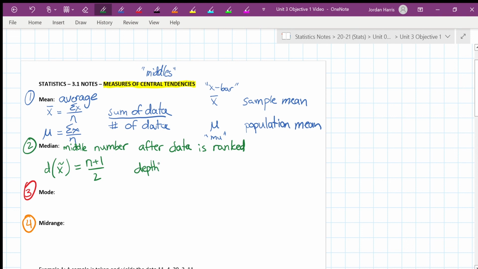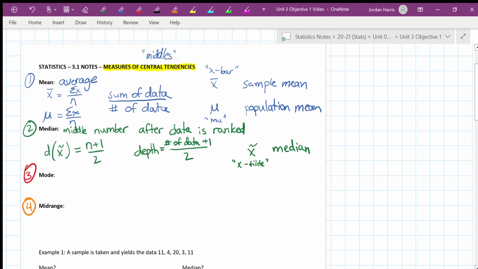Depth equals number of data points, it's the n, notice it's the same thing, plus 1 divided by 2. And x tilde, or x squiggle, I sometimes just call it x squiggle, represents the median. Notice there's no distinction between sample and population. Generally, it's just one value, the sample, so we only have one symbol.